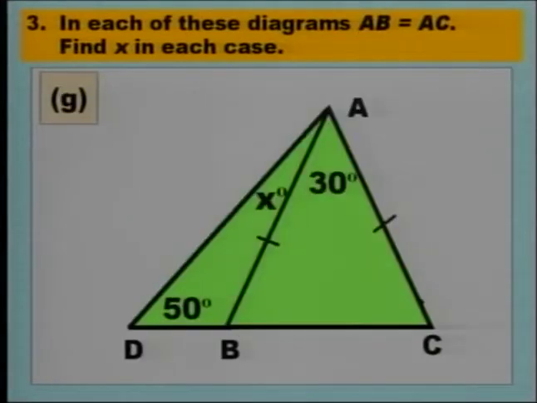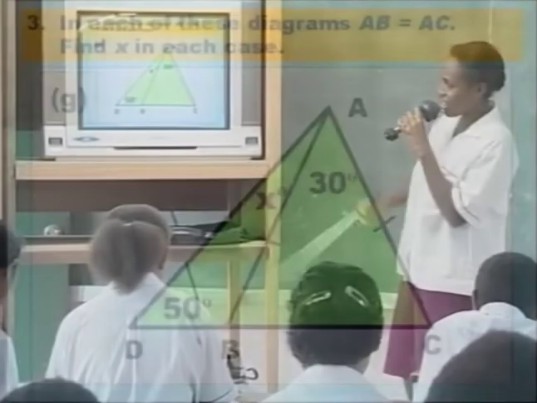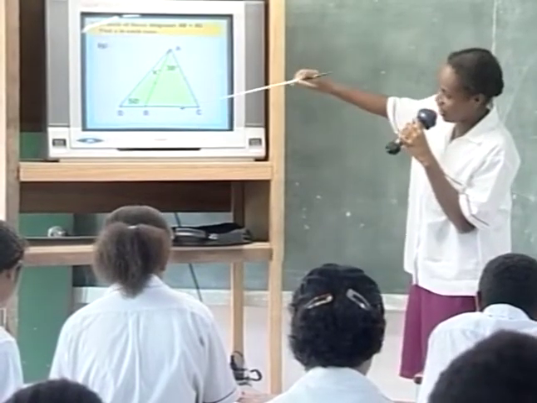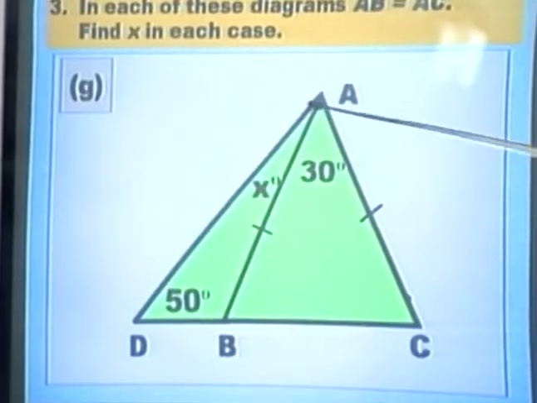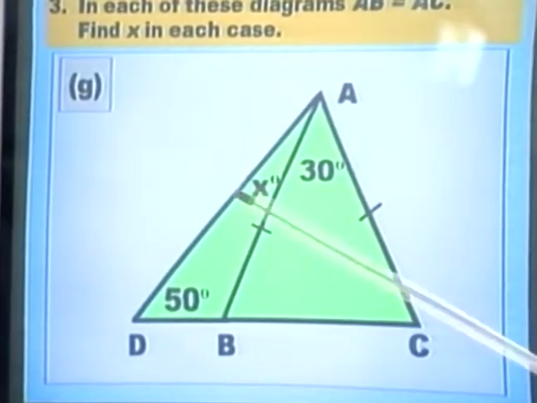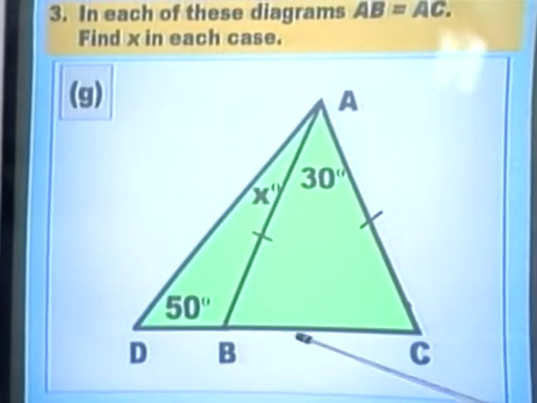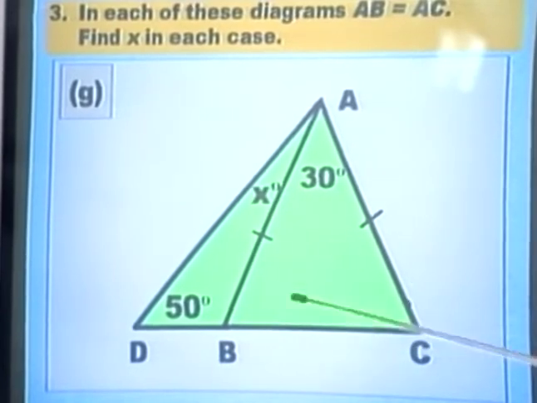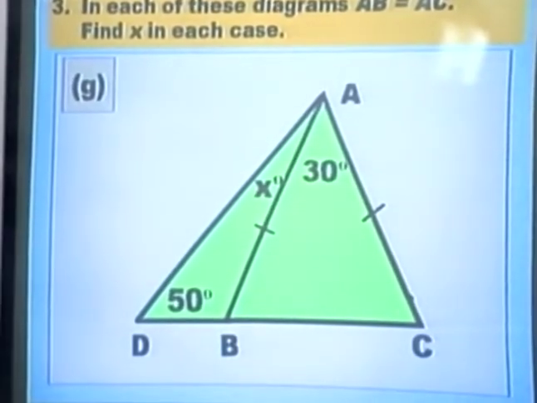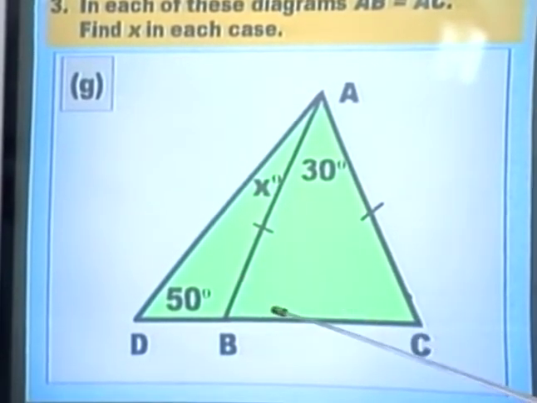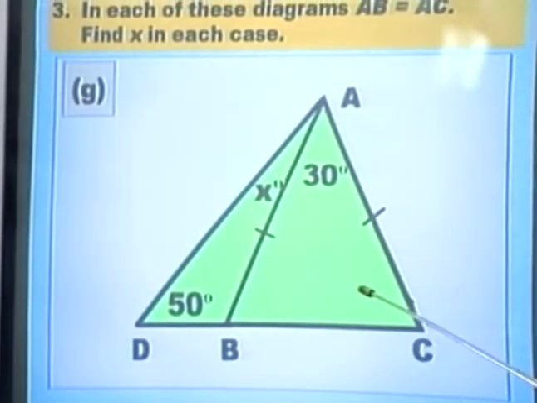Okay. Letter G, Megan. I'm trying to find the x in this triangle here, and triangle ABC is an isosceles triangle. So you minus 30 from 180, you get 150, and then you divide it by 2 because these two angles here will be the same. So that would be 75 here and over here.